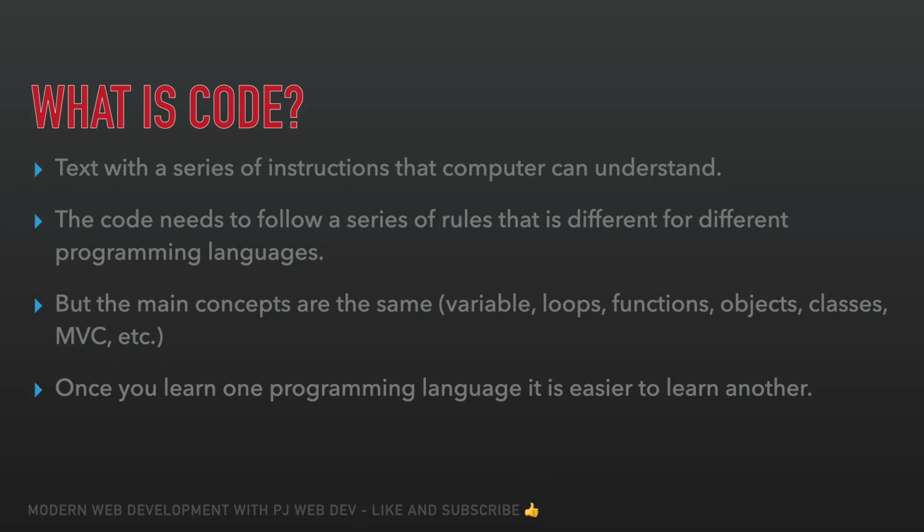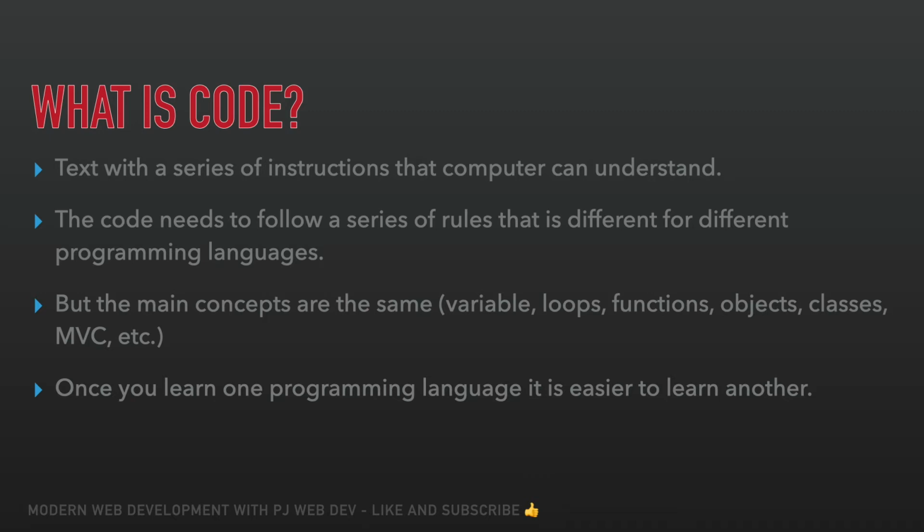These things are common for different programming languages, but each programming language has some specifics that we need to learn to write code in that specific language. The way we set variables, for example, or the way we write loops, functions or objects can be slightly different, but the idea is all the same.